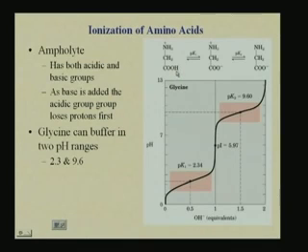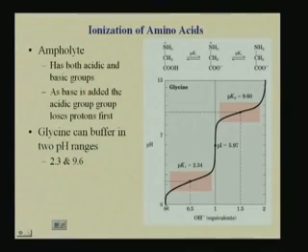So, I have COOH and NH3 plus. Is that clear? Now, what am I doing? I am abstracting H plus. How? By adding OH minus. So, if I add OH minus, I abstract protons. So, there is a dissociation immediately.